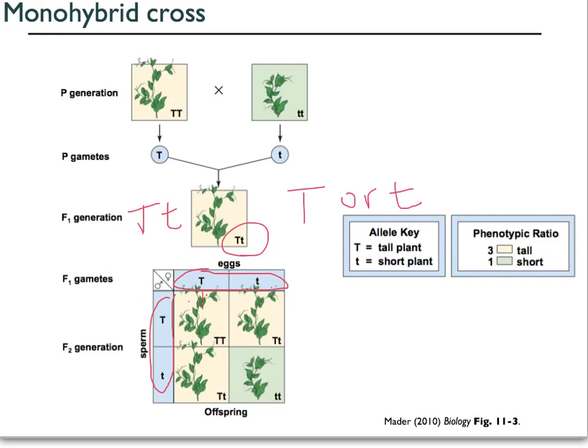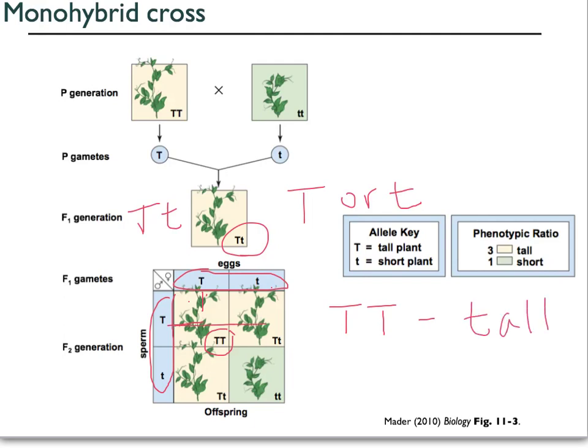If by chance one big T and one big T meet during fertilization, the resulting progeny will be big T, big T, which means that progeny is homozygous for the dominant trait, and will be tall.